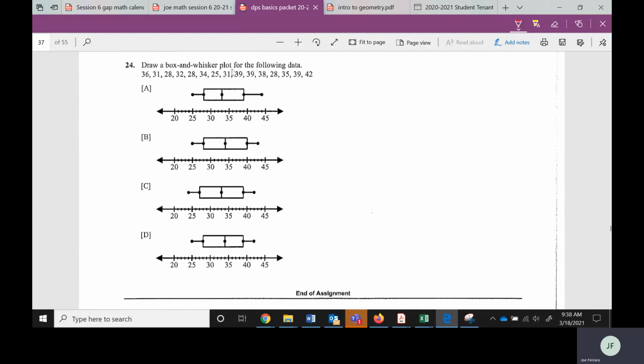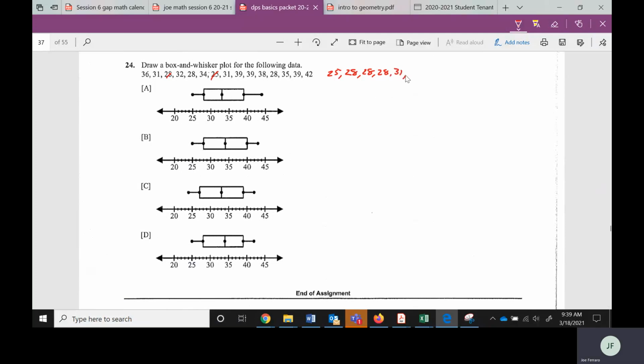Okay, I'll skip ahead, but you would have to look through and say, okay, 25 is the smallest, so I'm going to write 25. And then you just keep going, and you have to be really careful on this. Here's a 28. I'm not going to do this step by step because I've done this already, so I'll write them out to save some time. But you have to be very careful. So there's 3 28s, there's 2 31s.